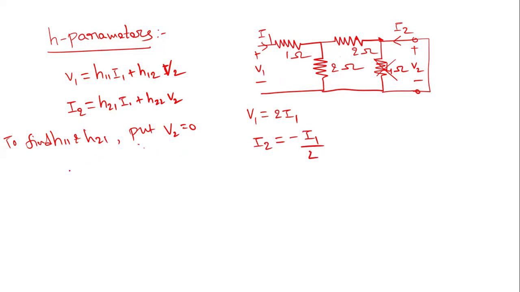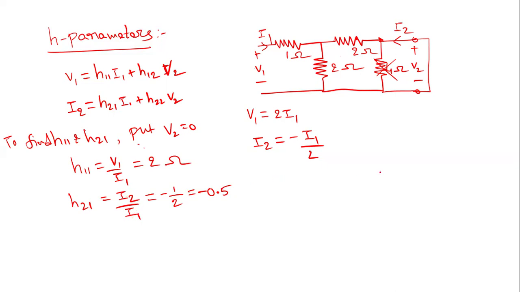So what is H11? H11 is V1 by I1, which is equal to 2 ohms. H21 is I2 by I1, which is minus 1 by 2, or minus 0.5. There are no units as this is a current ratio.